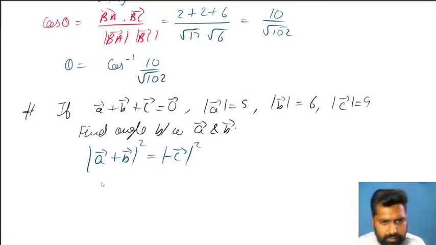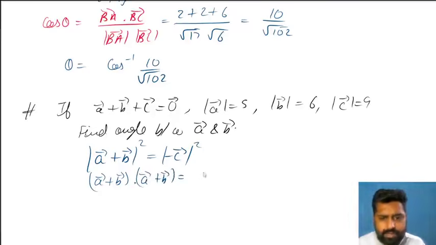So this time I'll write this as a plus b vector into a plus b vector, and this is magnitude of c square, basically negative square is positive. Now I'm going to use the property of a square plus b square plus 2ab, but a square means mod a square, b square means mod b square, 2ab means 2 a dot b.